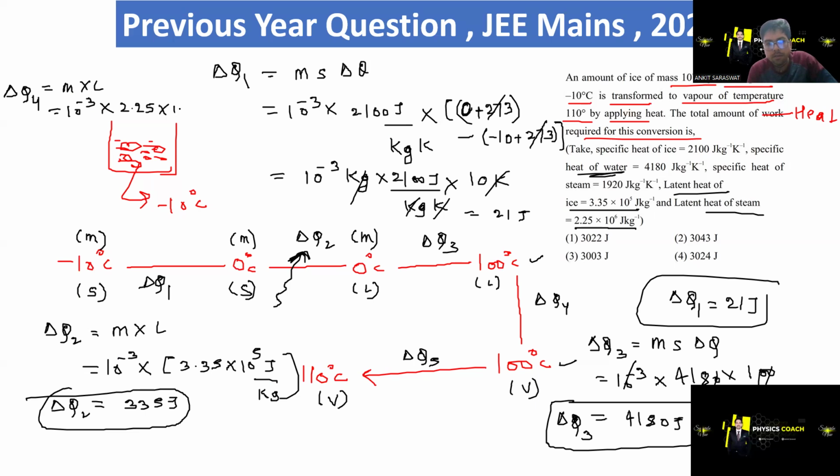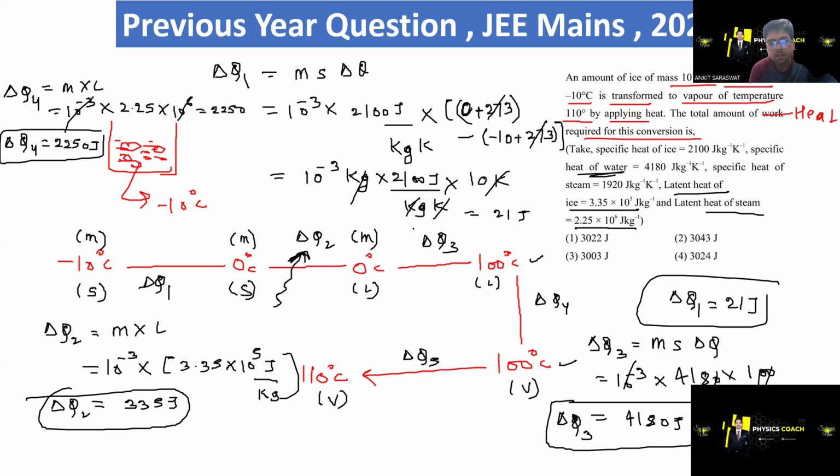Clear? So 10 to the power 3 cancels, and you get 2250. Delta Q4 comes out to be 2250. Is it okay?